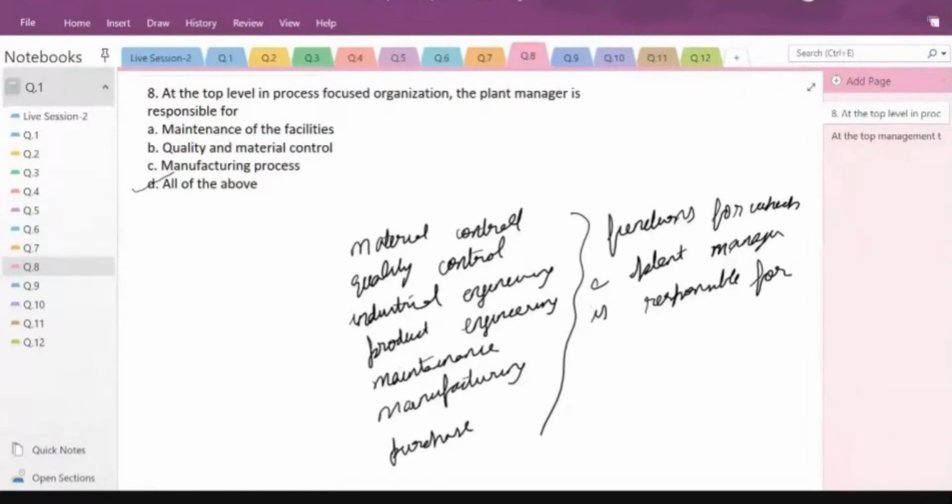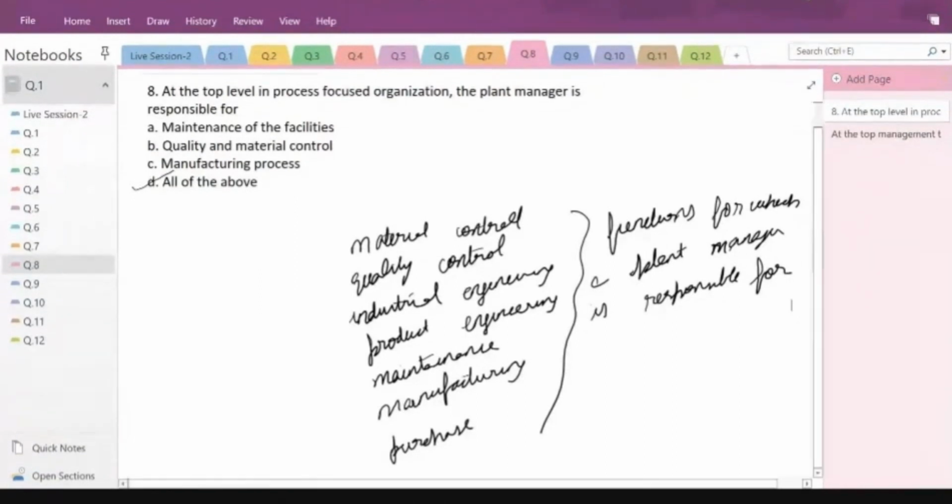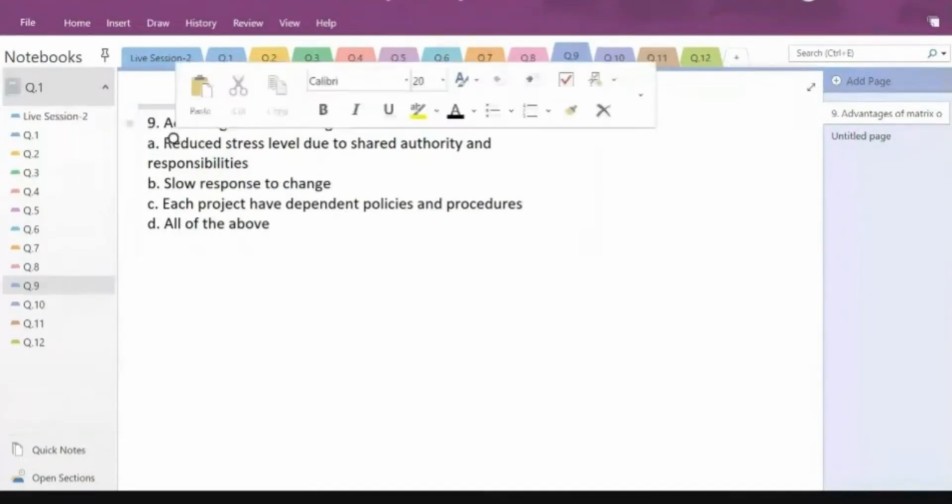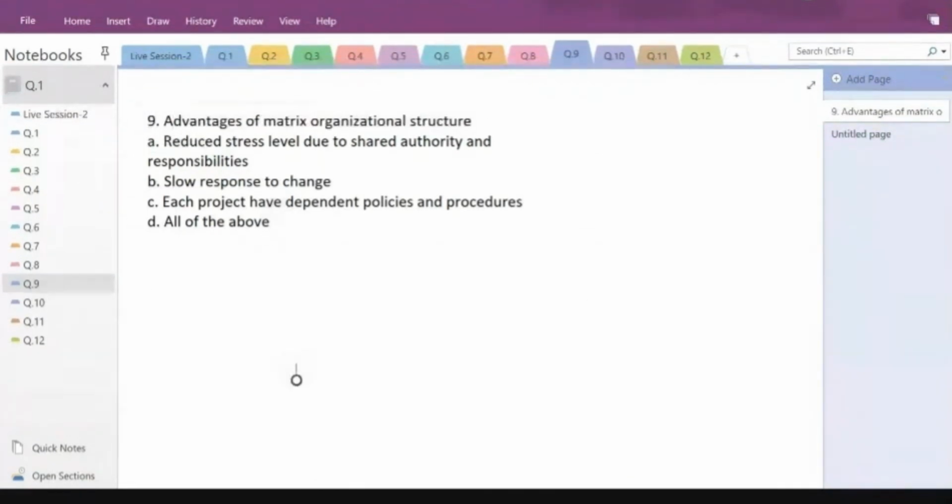So yes, this question we discussed. The next question: advantages of a matrix organizational structure. So this was one of our discussions in the last class even. Which out of all these are the advantages of a matrix organizational structure?